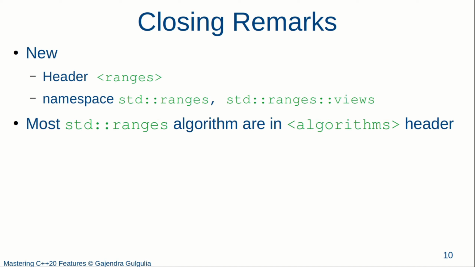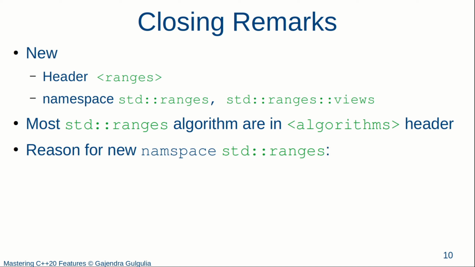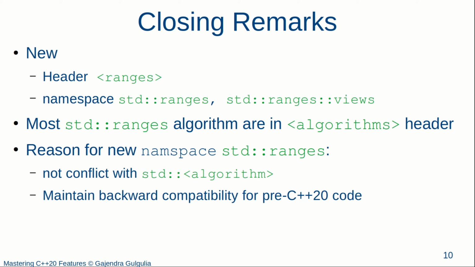Even though most of the ranges algorithms are in the algorithm header, the reason for having a new namespace is to not conflict the usage of ranges algorithms with the existing STL algorithms in the algorithm header, and at the same time maintain backward compatibility with pre-C++20 code that uses STL algorithms.